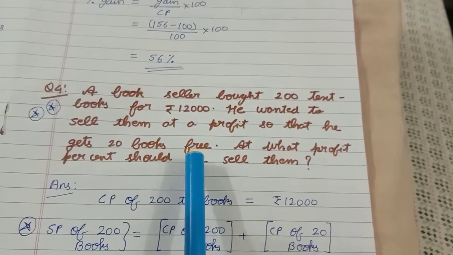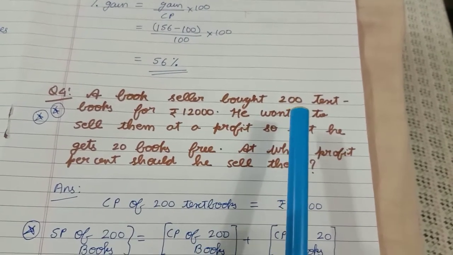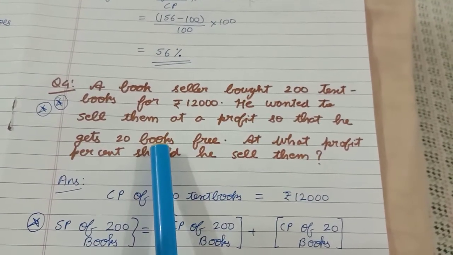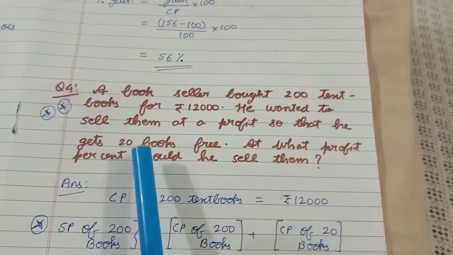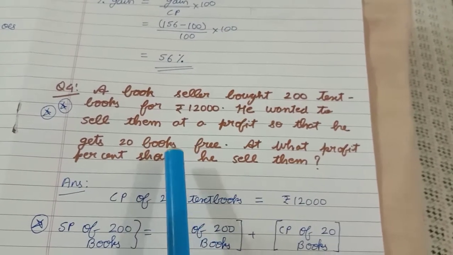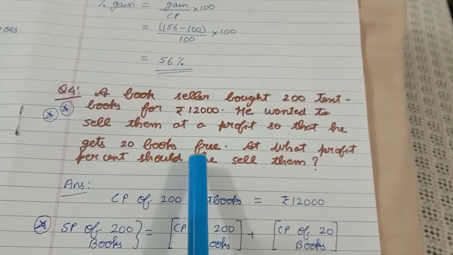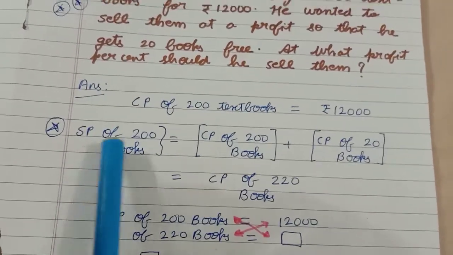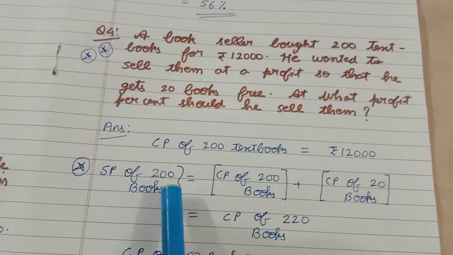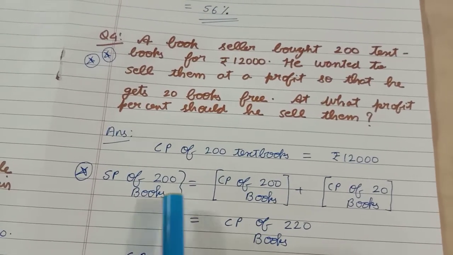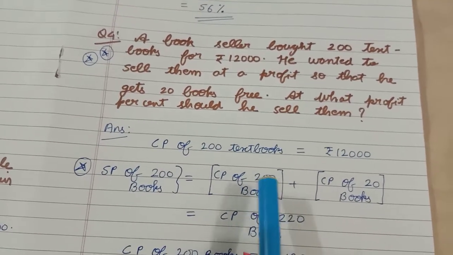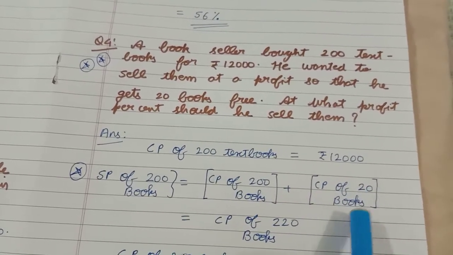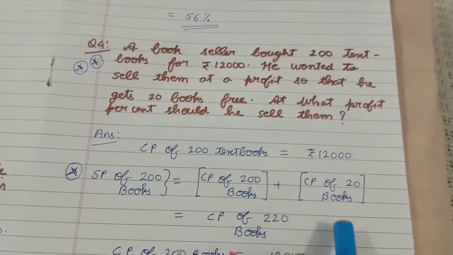Means what? He sold these 200 books at such a price that the cost price of 20 books was actually his profit, so that 20 books become free. That means, again I'll explain. See, I've written it in equation form. Selling price of the same 200 books is equal to 200 books cost price plus cost price of 20 books. How come this cost price of 20 books?